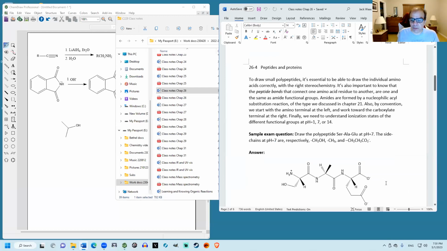So here's an example. You had a question like this on the exam. And we learned how to draw them with correct stereochemistry. As you see, it gave you the side chains. I don't expect you to memorize those.